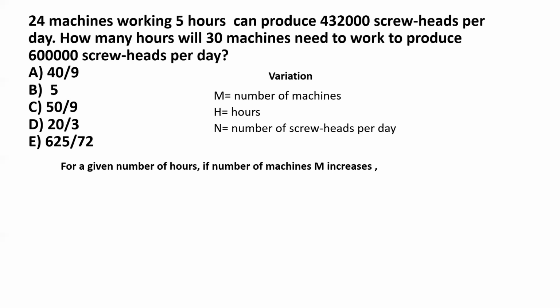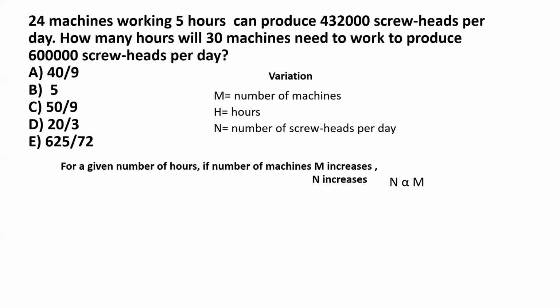By simple logic, if machines are working the same number of hours, and I have more machines, then I can produce more screw heads, right? So N will increase. So we can write that N is directly proportional to M, or the other way of saying this is N varies directly as M.